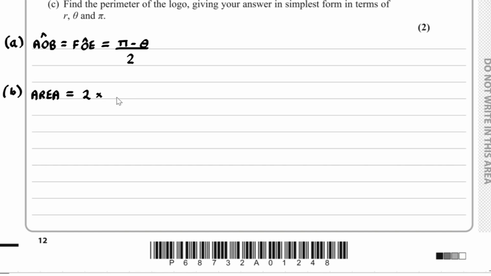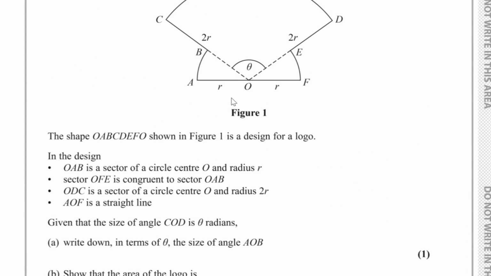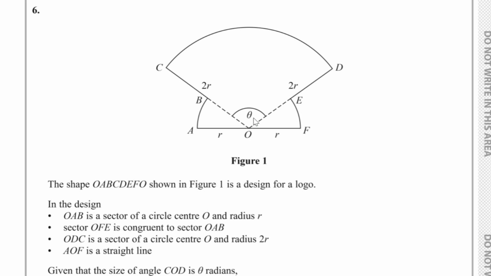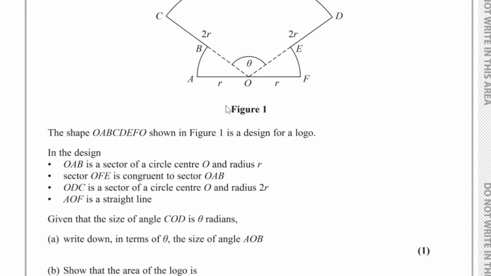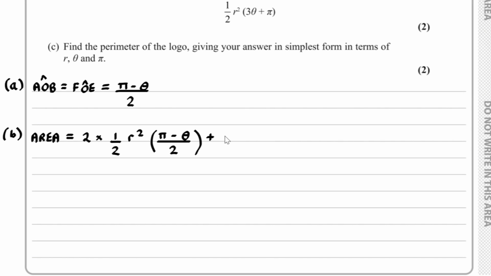So we've got 2 lots of 1/2 r squared lots of pi minus theta over 2, and then we add on the area of the larger sector. Well, the angle is theta, the radius is 2r, so we add on 1/2 lots of 2r all squared lots of theta.